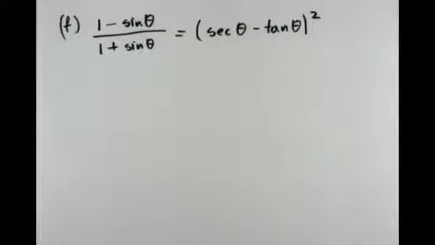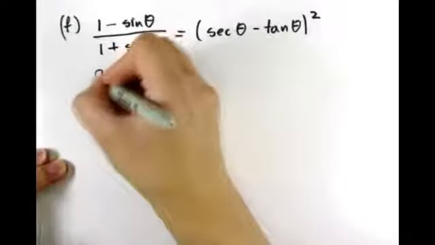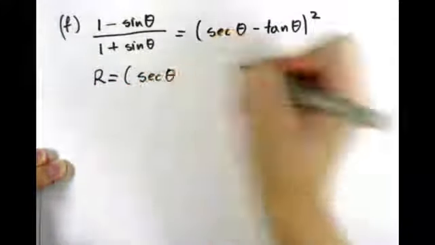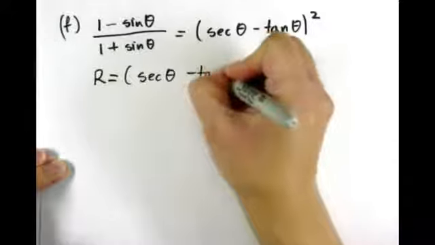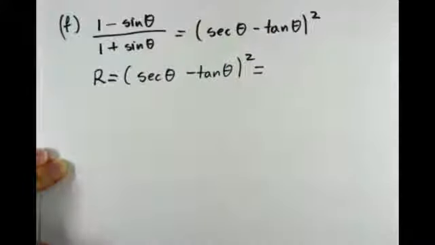So this identity, we start from the right side as well. It's easier to rearrange this one. So right side, we have secant theta minus tangent theta, and we do need to square it. So you always look at what is at the end.